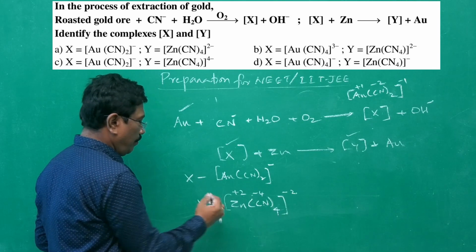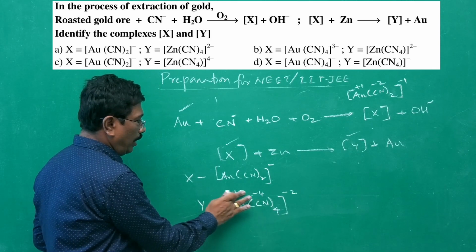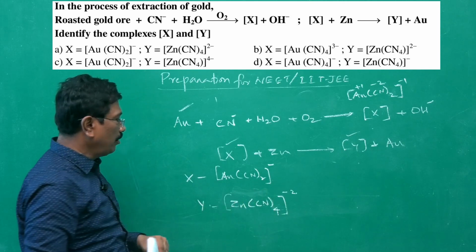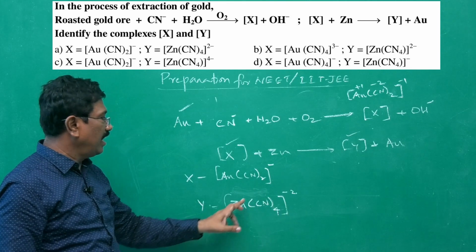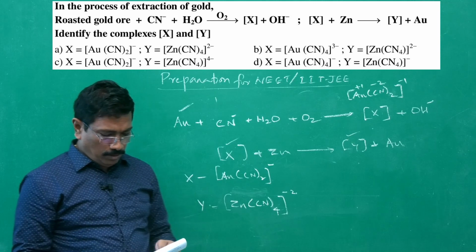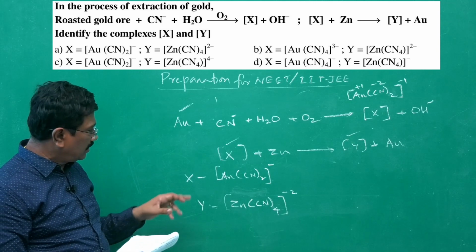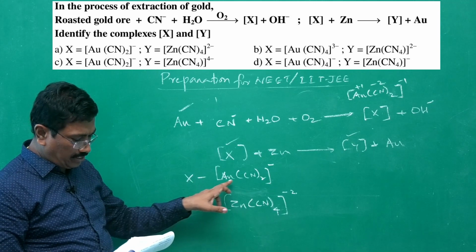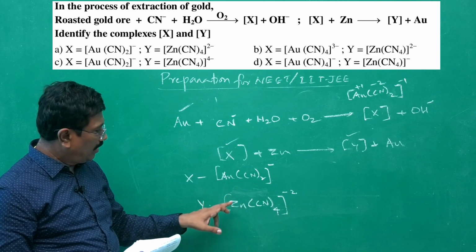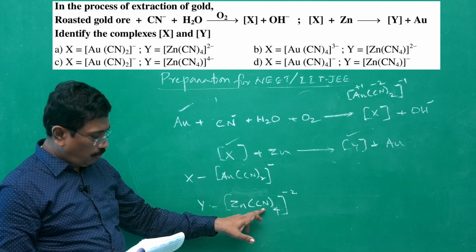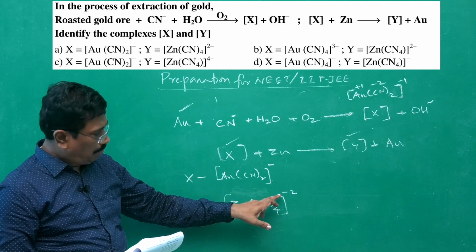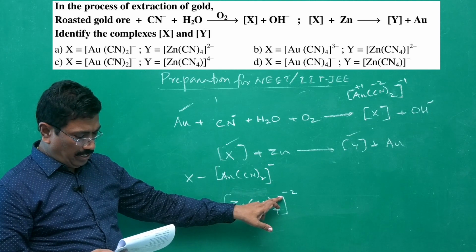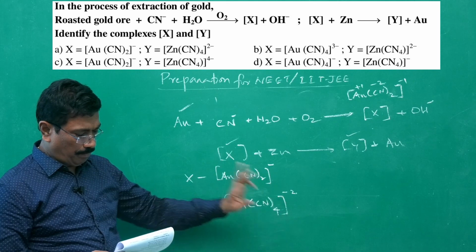Therefore, Y is Zn(CN)4 with charge -2. The name of the complex may be tetracyanozincate(II). So the correct option is X Au(CN)2, Y Zn(CN)4 2-. Option A may be the correct one.